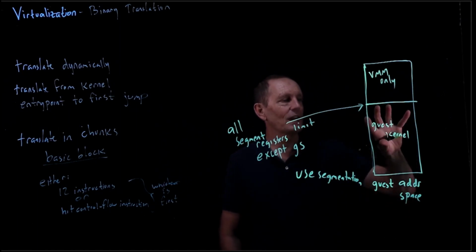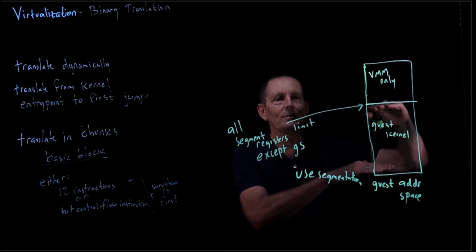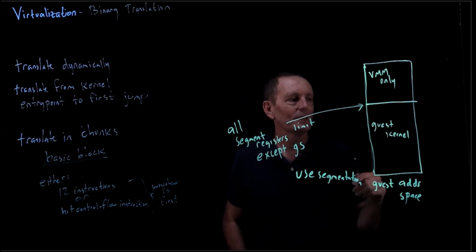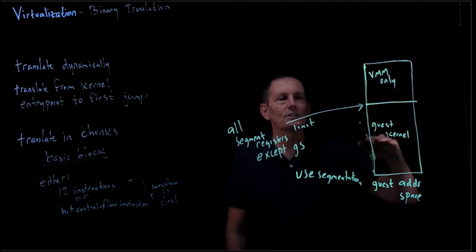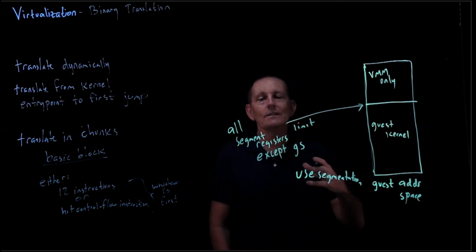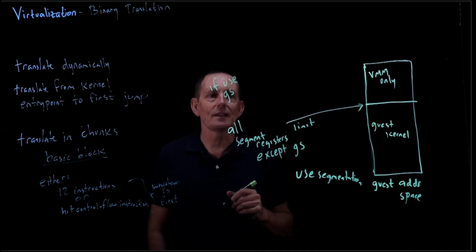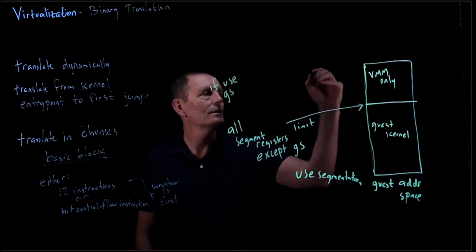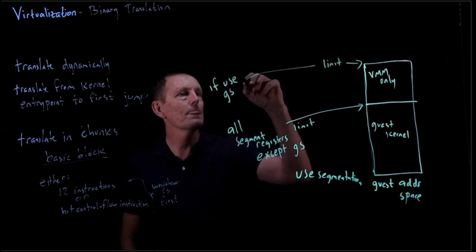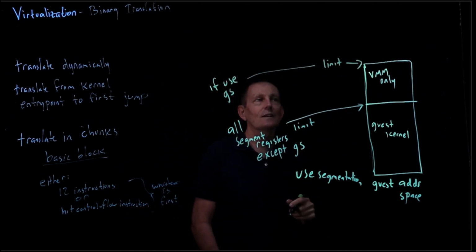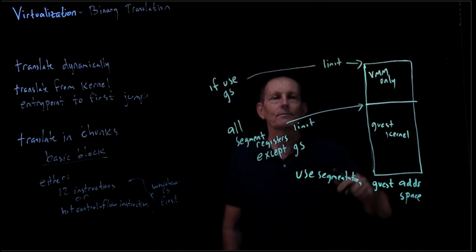So we can't go outside of this boundary, which is basically the guest kernel memory. Or the stack segment, again, can't go outside here. The data segment register can't go outside here. But if you use the GS segment, the GS segment limit is here. And so the GS segment can have access to everything.